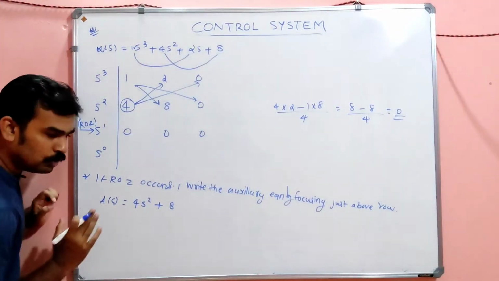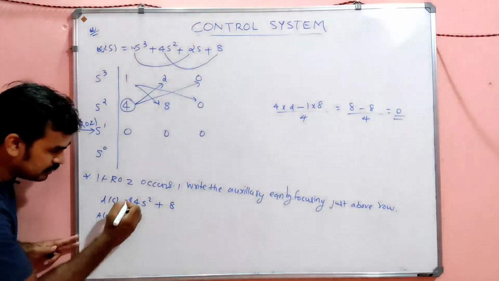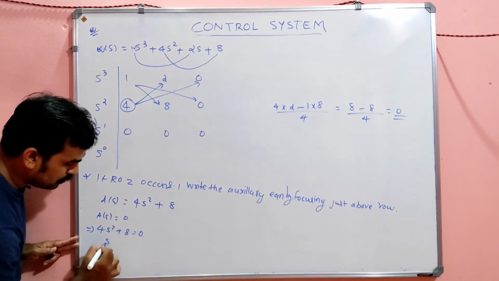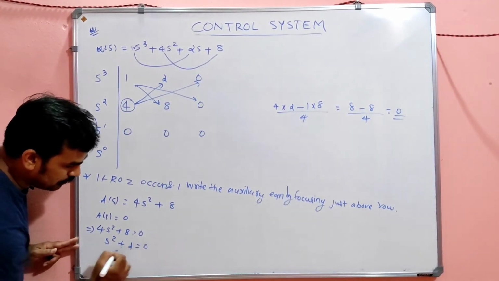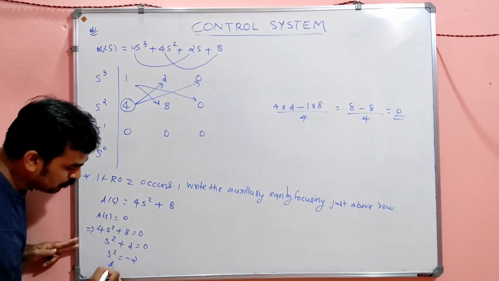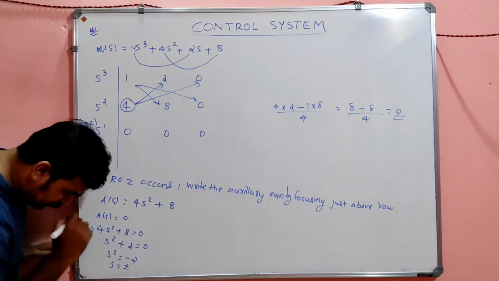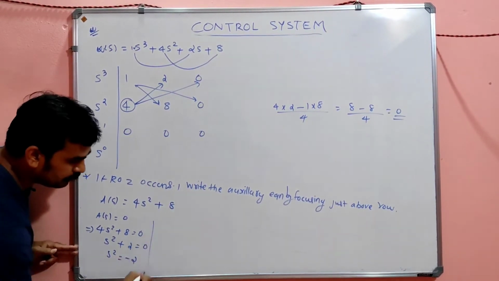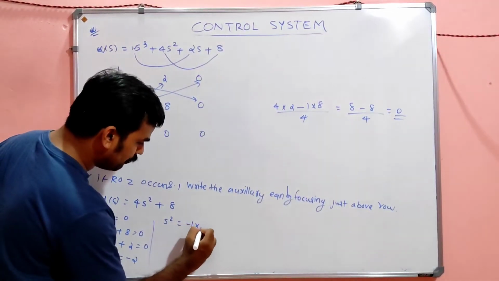And just to solve this auxiliary equation, my dears, A(s) equal to 0, which implies what? 4s square plus 8 is equal to 0, or s square plus 2 equal to 0, or s square equal to minus 2, or s is equal to plus or minus... this s square equal to minus 2 you can write like what? s square equal to minus 1 into 2, correct?